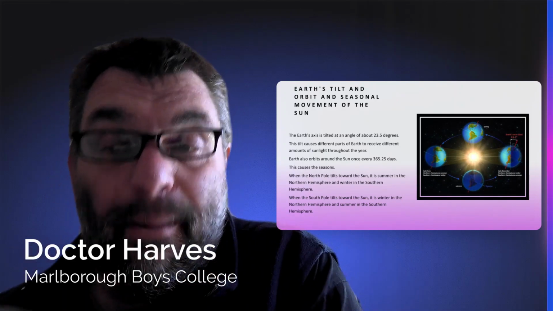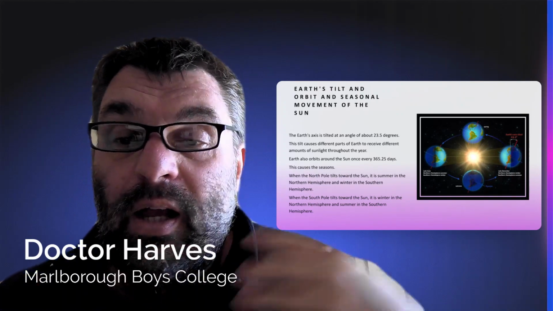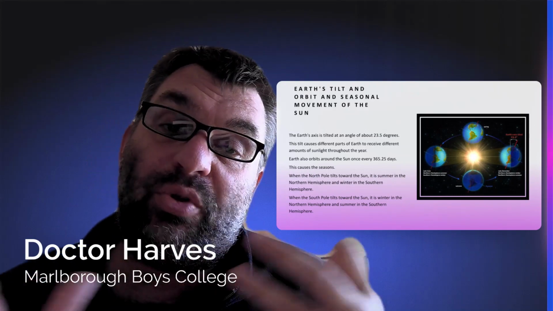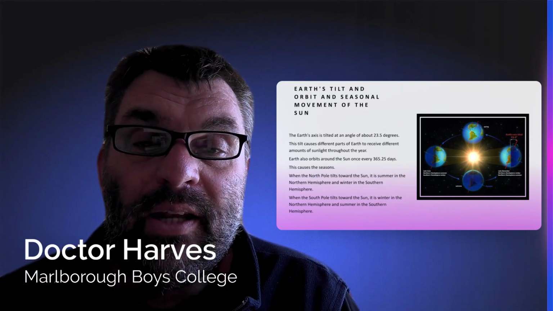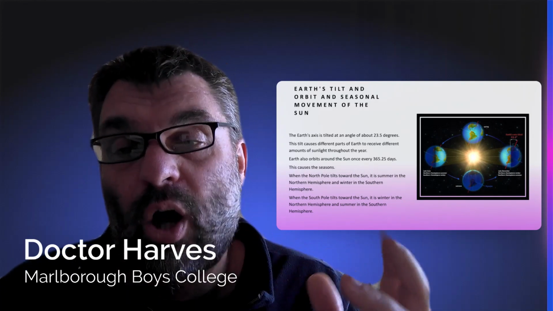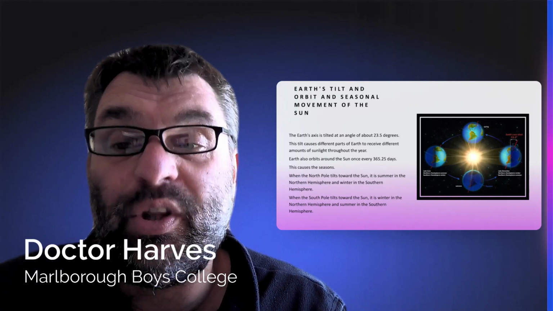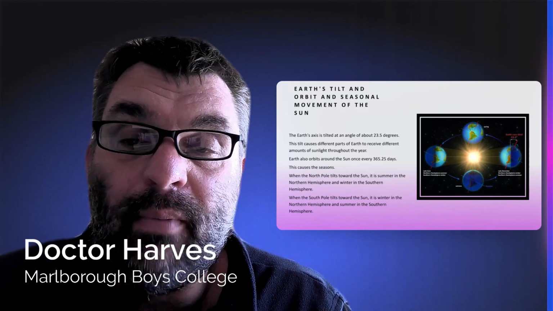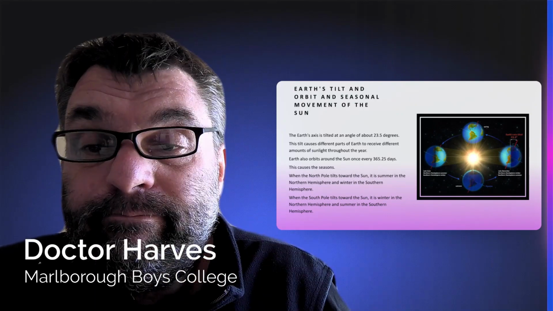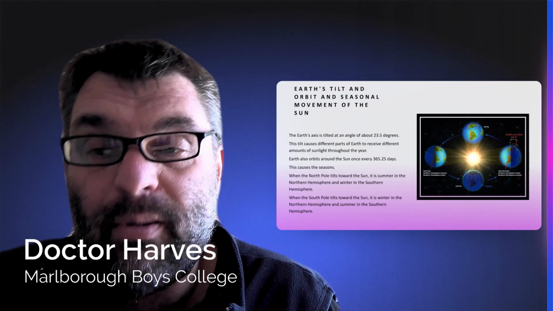Okay, so for example, at the moment it's wintertime, and this is because the North Pole is tilting towards the sun, and therefore it is summer in the Northern Hemisphere, because more direct sunlight is hitting the Northern Hemisphere at this present moment in time, and that means that days are longer and they are warmer in the Northern Hemisphere because it's summer.